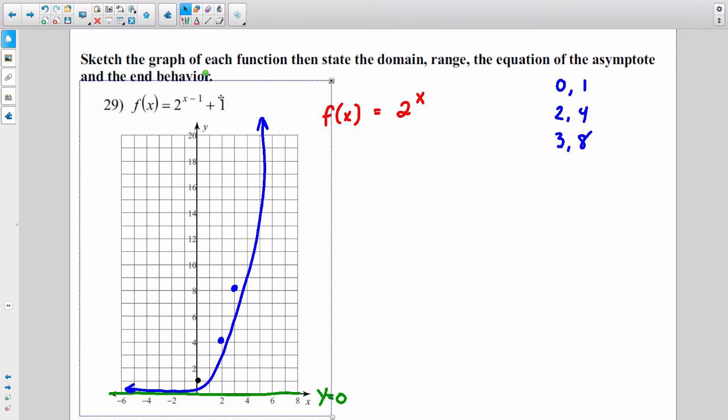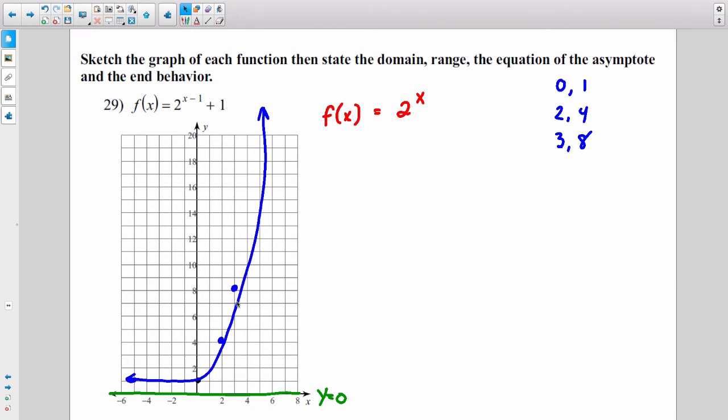Then if it says +1 over there on the outside of my function, I'm moving it up 1. Now that has some pretty dramatic effects on a couple of things. The asymptote, for example, it's no longer the x-axis. It's now, if you imagine a plane landing, it's landing on a runway that's located at y equals 1.